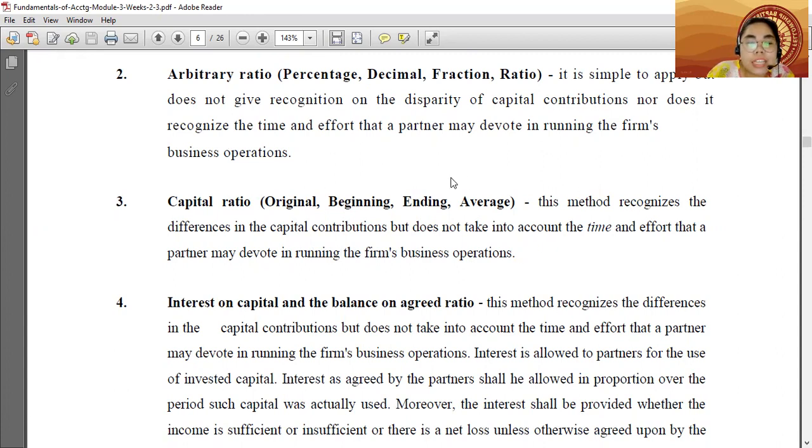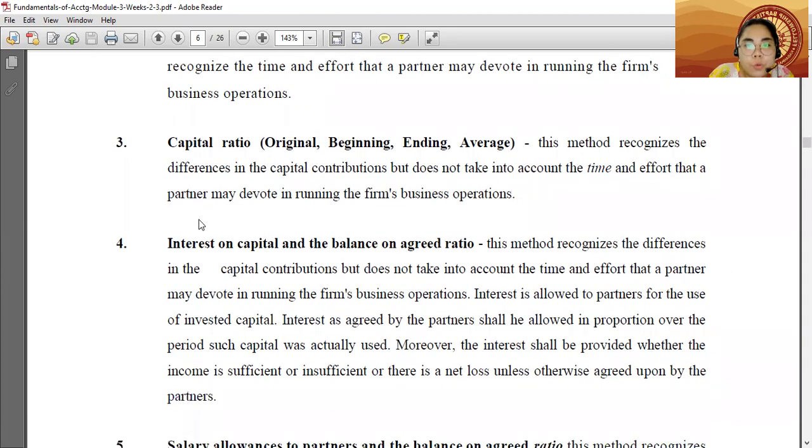For example, if you contributed 20,000, another 30,000, another 40,000, and another 10,000, that would equal 100,000, so 20%, 30%, 40%, and 10%. That would be their capital ratio. It does not recognize your effort, but still it's easy.